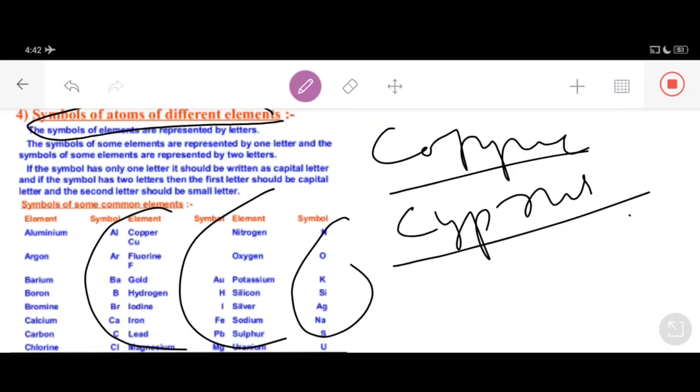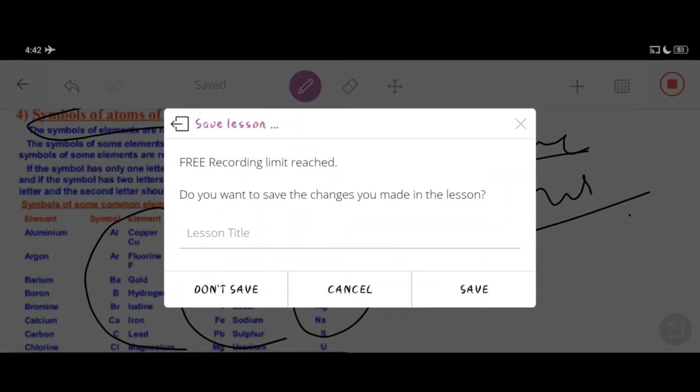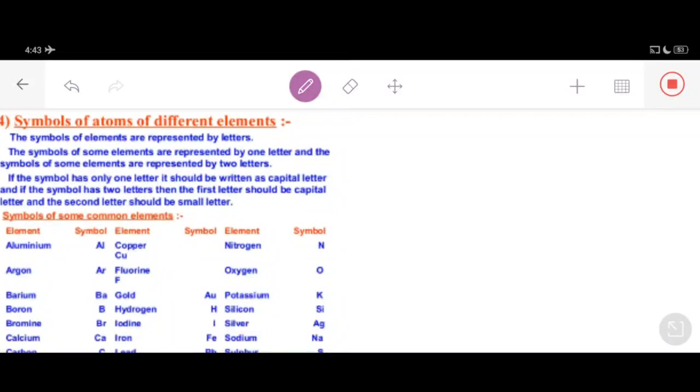Some other elements were named after a specific color. That means the element was named after its specific color. For example, the word gold is derived from the old English word meaning yellow.